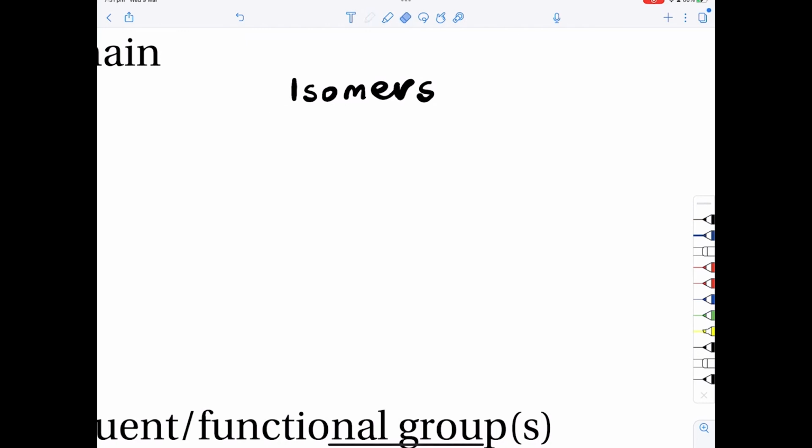When it comes to isomers, there are 2 kinds. And I'm actually going to structure it a bit differently. You have your chain isomers. And you also have what you call your positional isomers.